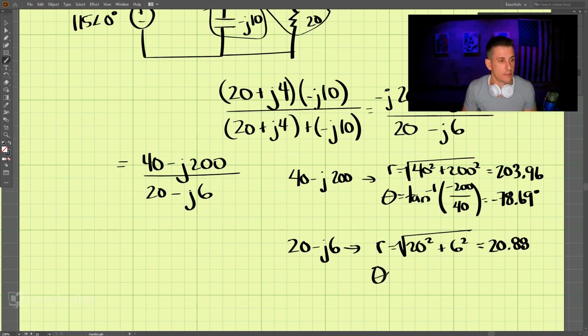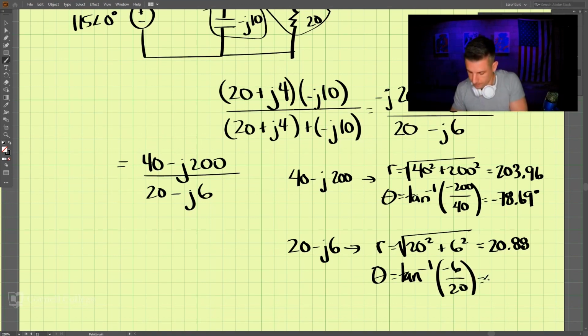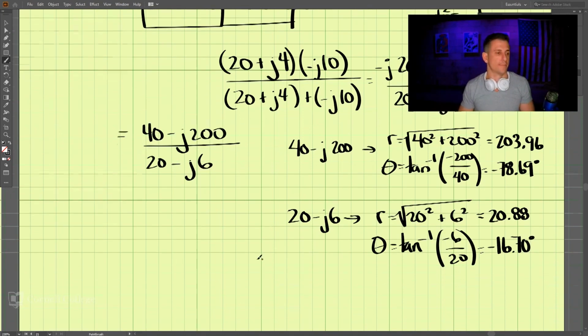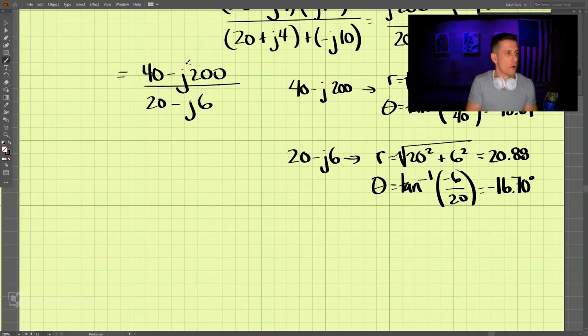And theta is going to be the inverse tangent of negative 6 over 20, which is negative 16.70 degrees. Okay. So let's keep going.